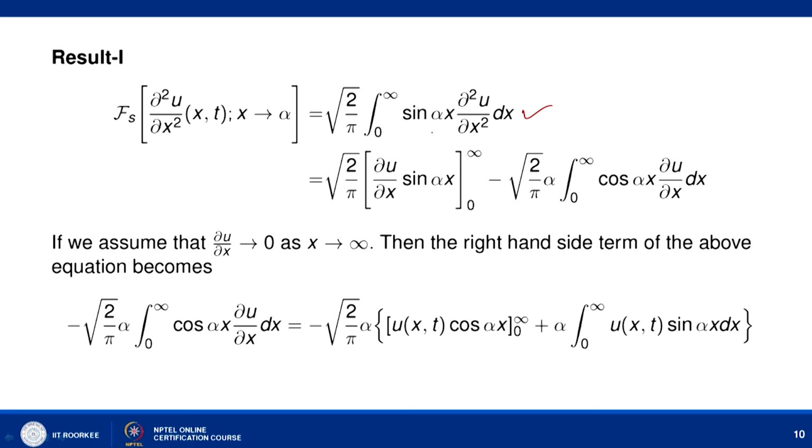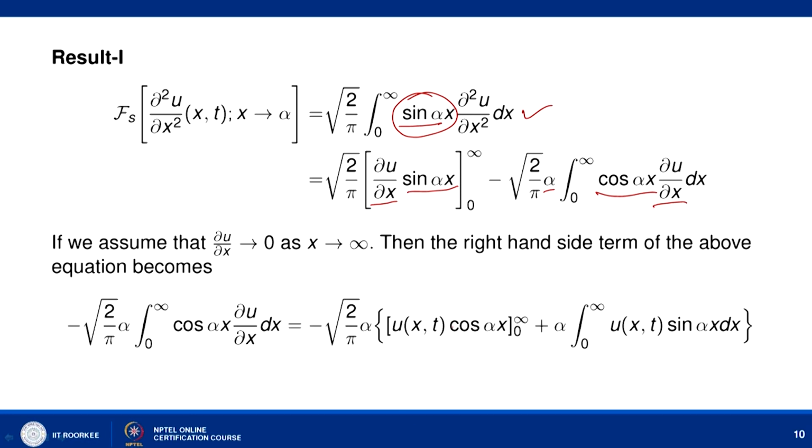So, we write first sin(αx) into the integration of this ∂²u/∂x², that is ∂u/∂x, between 0 to infinity, minus root 2 upon pi, alpha, the derivative of sin(αx), that is cos(αx) into alpha, and the integration of ∂²u/∂x², that is ∂u/∂x.